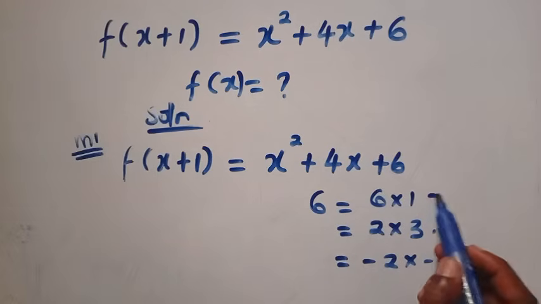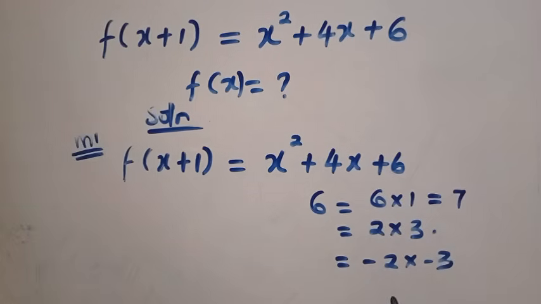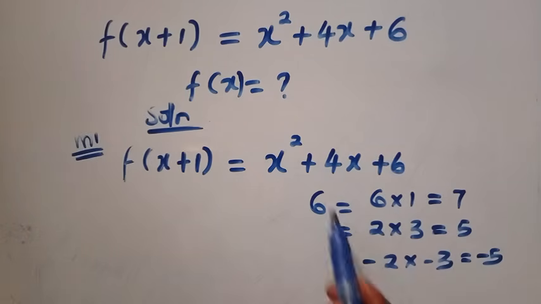If we add 6 plus 1, that gives us 7. If we add 2 plus 3, that gives us 5. And minus 2 minus 3 gives us minus 5. None of these equals 4. That is, we cannot factorize this quadratic.